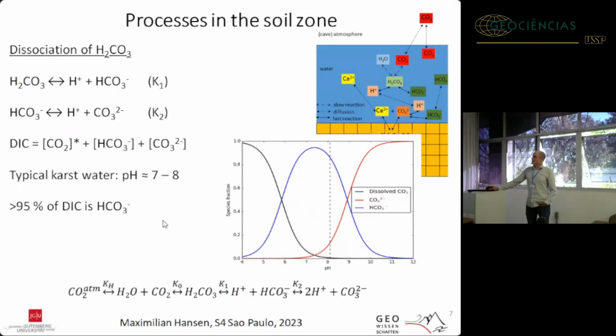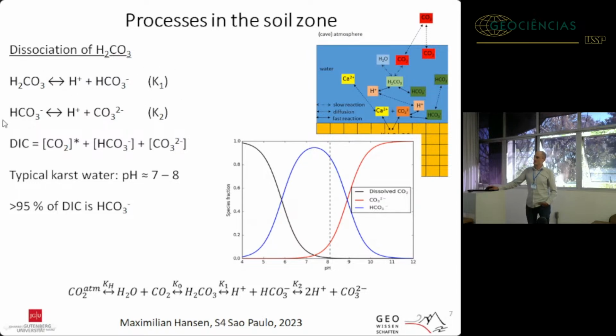Okay. So once the carbonic acid is formed, it will dissociate in different stages. The first stage is the formation of hydrogen ions and bicarbonate, with a reaction constant which is usually stated as K1.